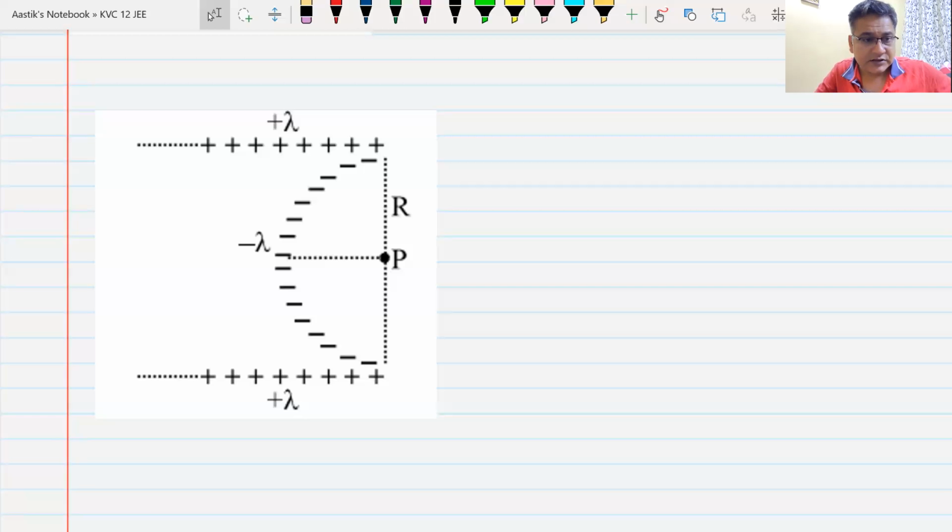If you stay on the right track, you will be able to do it. Sir, E due to positive charge is lambda by 2 pi epsilon naught r into sin 90. Right.